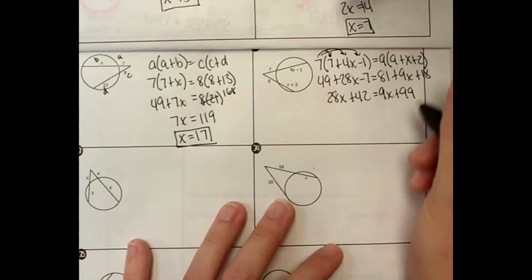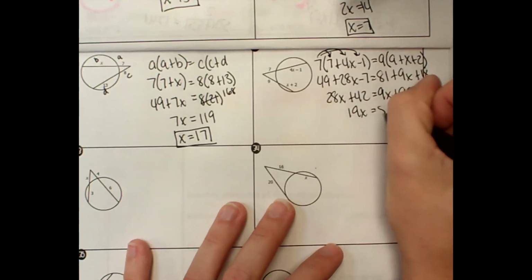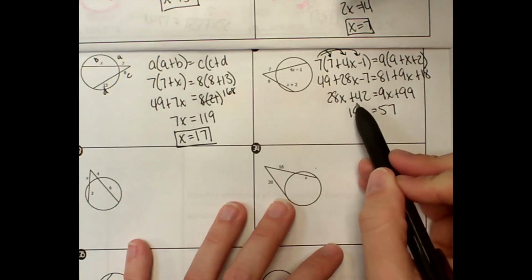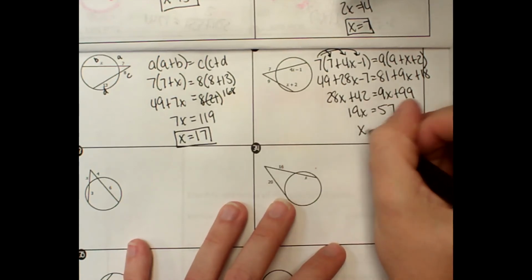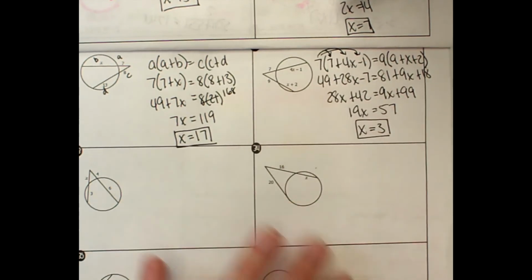You move your numbers around, subtracting 9x over here and subtracting 42, and you get that 19x is equal to 57. You divide, you get x is equal to 3.